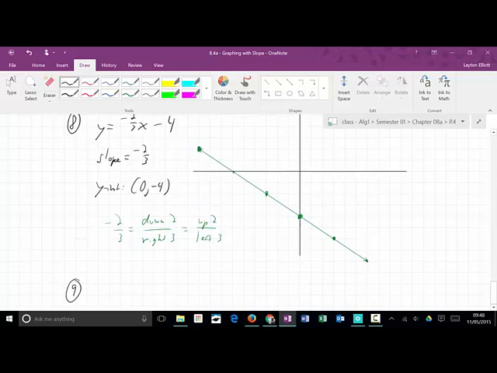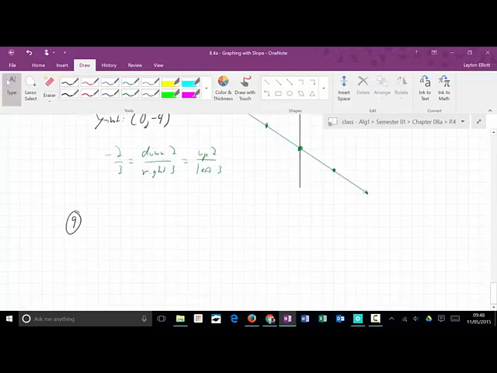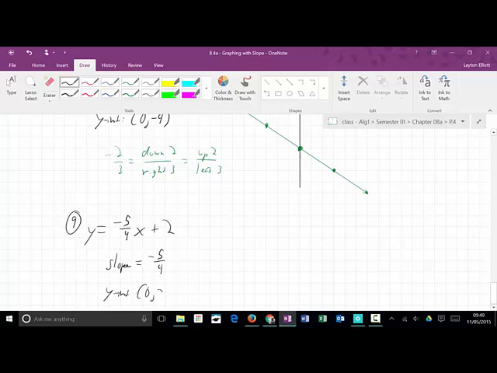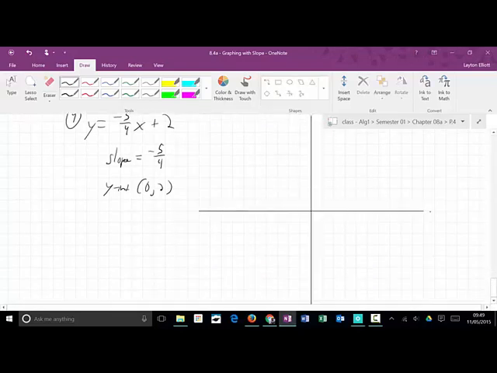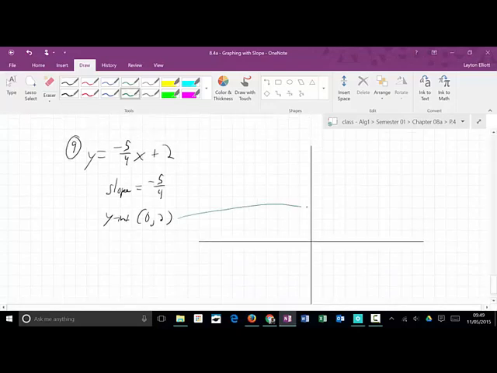Number 9. If I have y is equal to negative 5/4 x plus 2, looking at that, I'm going to have a slope of negative 5 over 4 and a y-intercept of the ordered pair 0, 2. So put an axis down, plot the point 0, 2, put it right here.